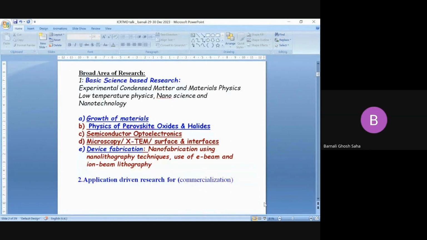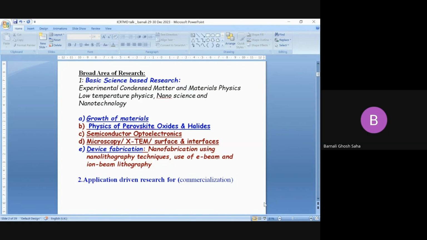So my broad area of research is basic science-based research. I am an experimental condensed matter physicist and I am doing material physics. It is low temperature physics and nanoscience and nanotechnology.